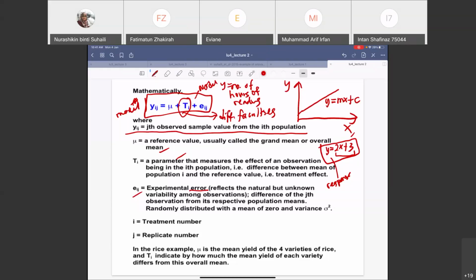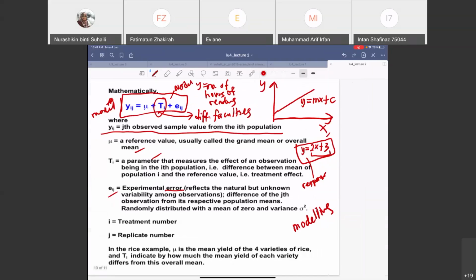Modeling, we call it modeling. It is a subject in statistics or in maths. Modeling is the process of creating this one, creating an equation in order to give a picture about how much the relationship is between the response and the factors in your studies. Okay, right. I hope that's clear to you.